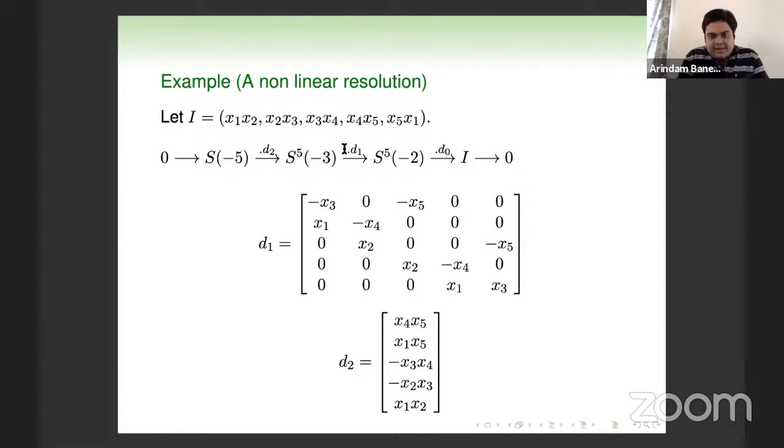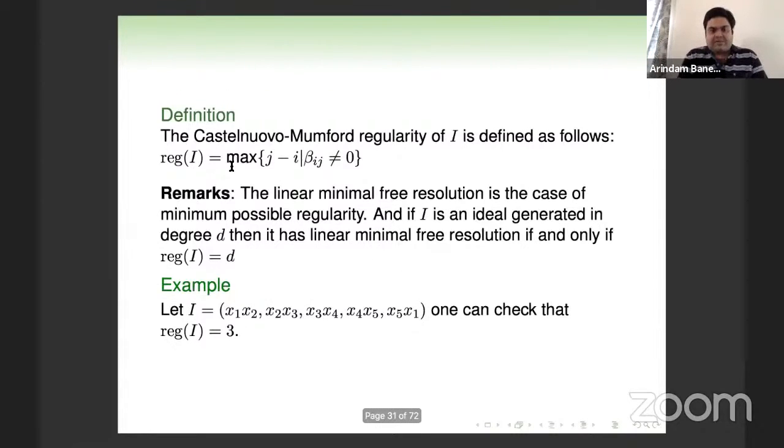Here at 0, the only non-vanishing Betti number is beta 0,2, so 2 minus 0 is 2. At 1, the only non-vanishing Betti number is beta 1,3, so 3 minus 1 is 2. At 2, the non-vanishing Betti number is beta 2,5, so 5 minus 2 is 3. So the max is 3. Hence, the regularity is 3.